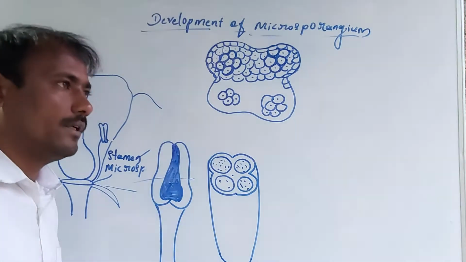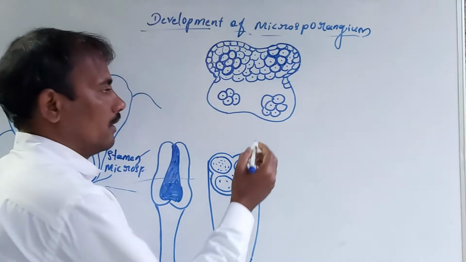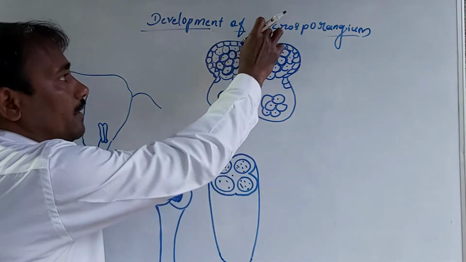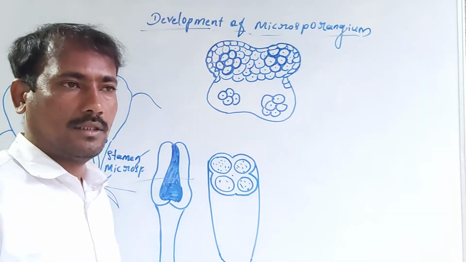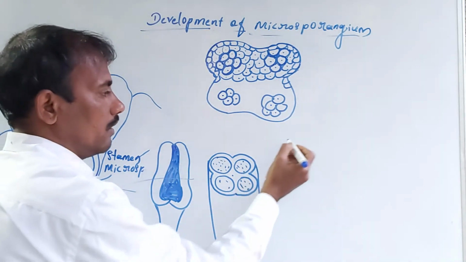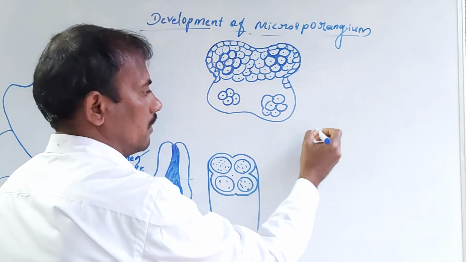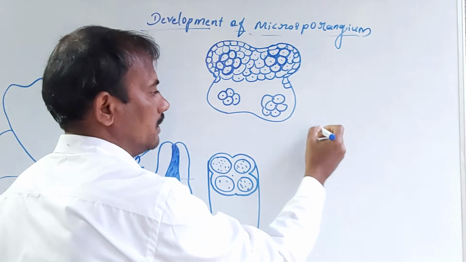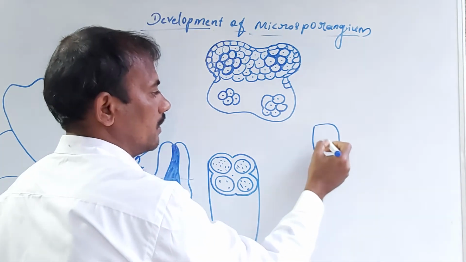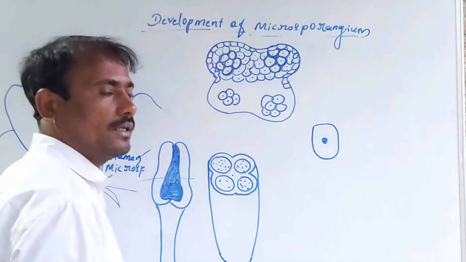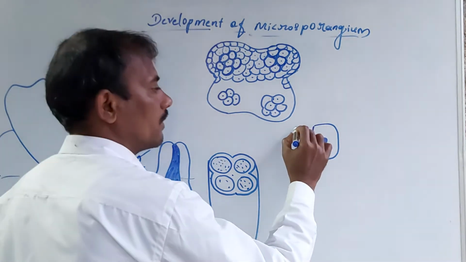What happens actually? At a very early stage of the growth and development of the microsporangium within the anther, at each lobe of the anther, a cell with a dense amount of cytoplasm and a prominent nucleus becomes apparent.